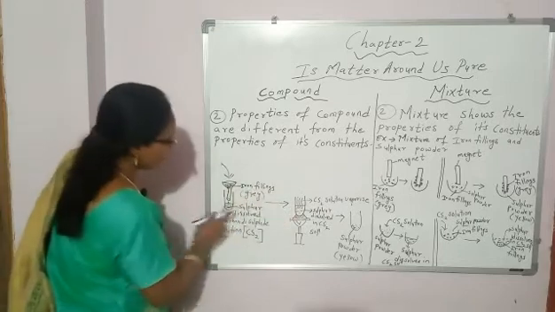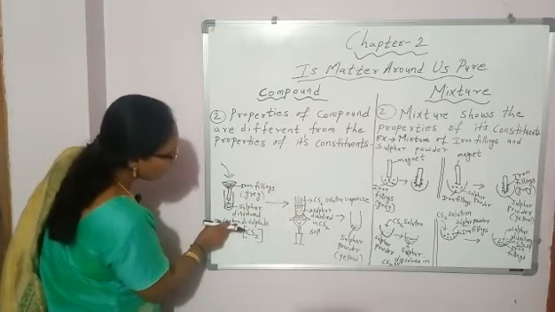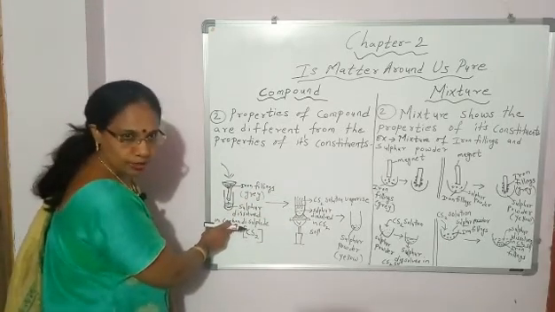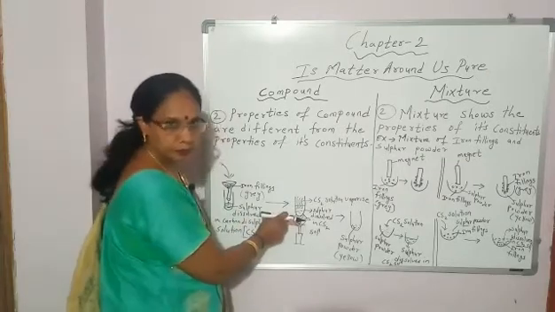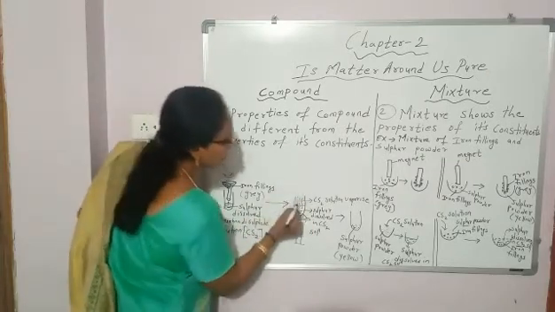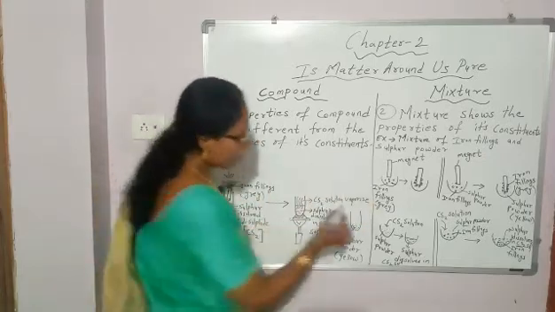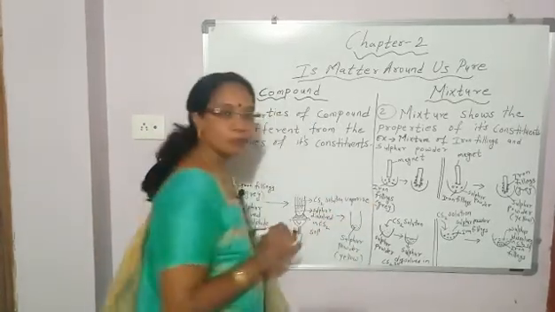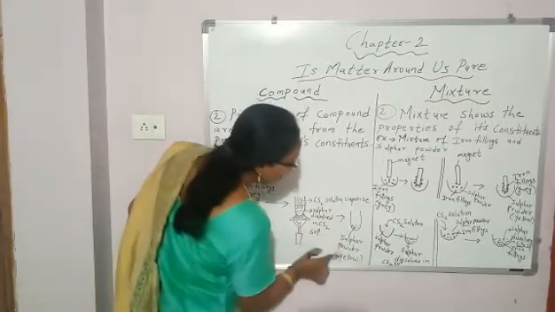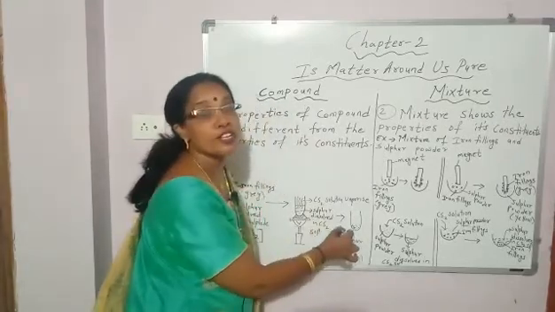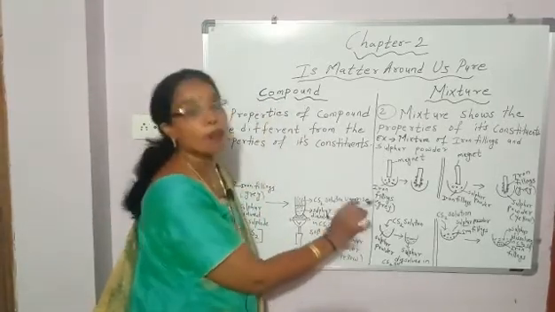Now, in the next step, the sulfur which is dissolved in carbon disulfide solution, heat it. When you heat it, carbon disulfide solution will vaporize. Then what is left? Sulfur powder. What is this process called? Evaporation.